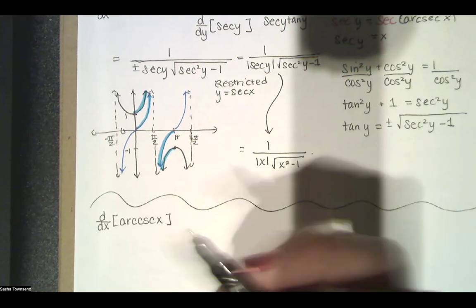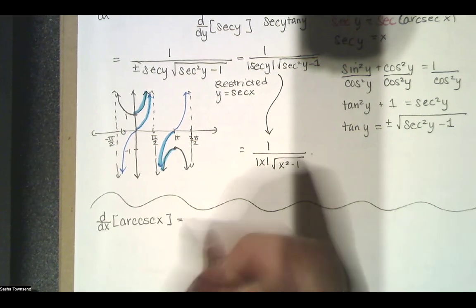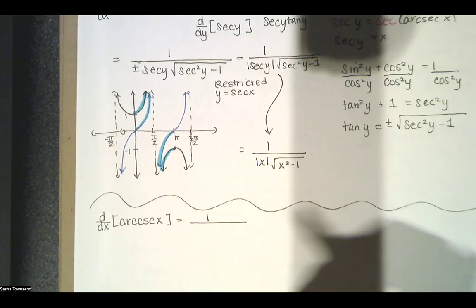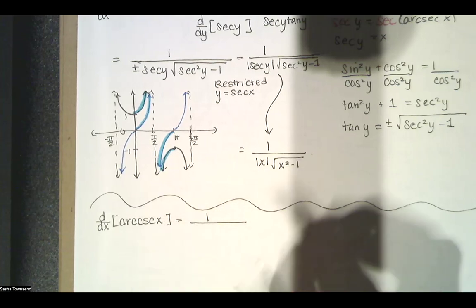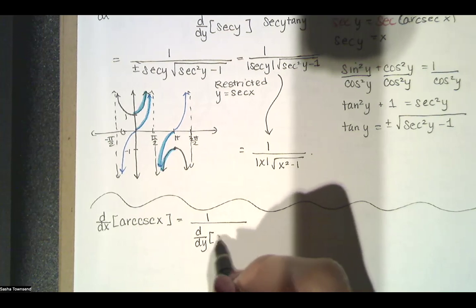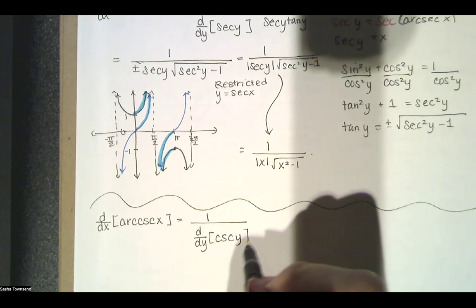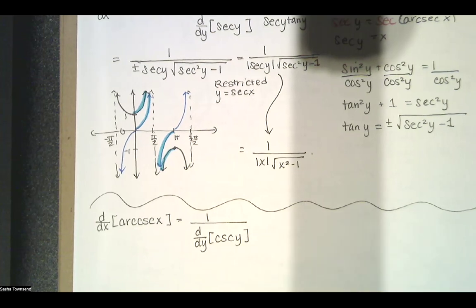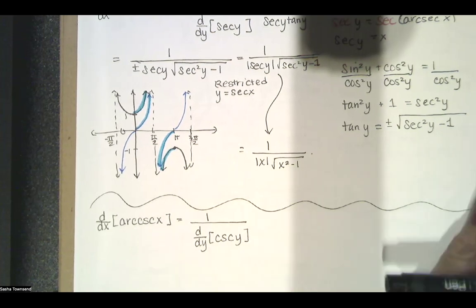So we're going to relate the arc cosecant of x to the cosecant of y. But we're on the interval from negative pi over 2 to pi over 2.